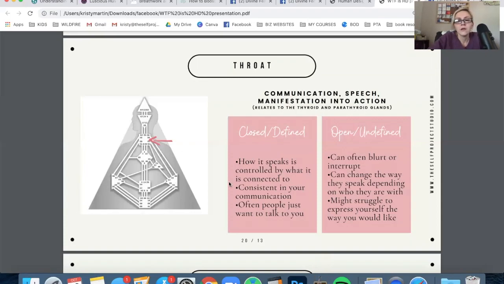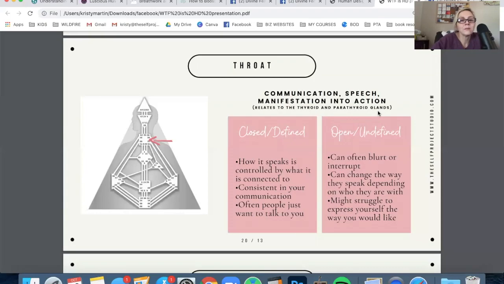That's a cool way to tap into an understanding of why you like to talk about what you like to talk about. You're going to be more consistent in your communication, and often people just want to talk to you for no reason other than you have a defined throat, and those people with open and undefined throats are going to be drawn to your energy. If you are open, you can often blurt or interrupt.